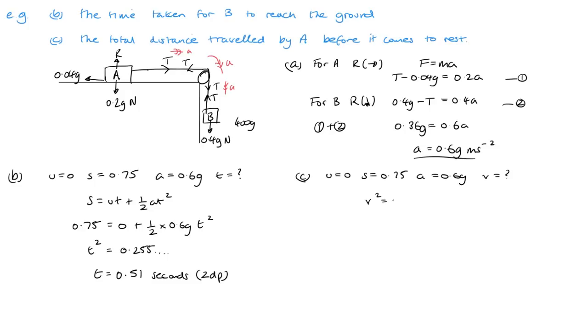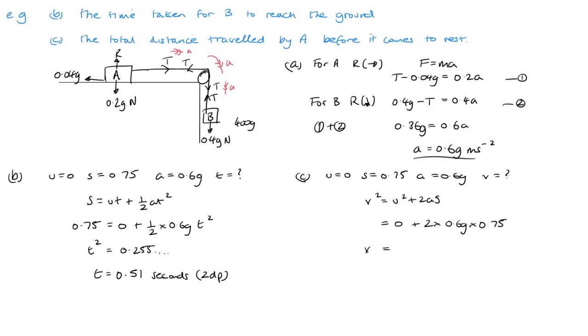So v squared equals u squared plus 2as. That is 0 plus 2 times 0.6 g times 0.75.